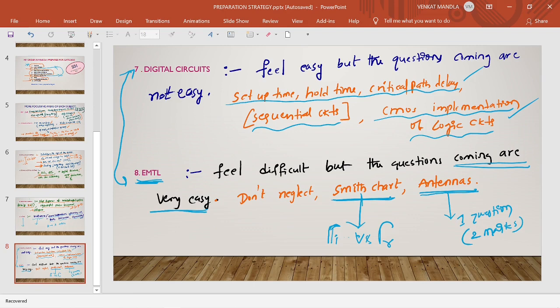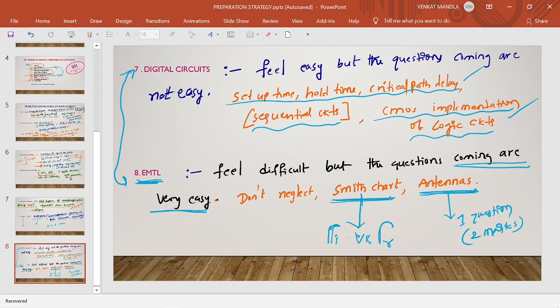We usually neglect these two topics after studying this EMTL subject rigorously. So we felt very tired of this EMTL subject. At the last, we start Smith chart and antennas. It is not possible to. So at last, we feel that these two parts, the Smith chart and antennas, are not at all related to the EMTL subject.